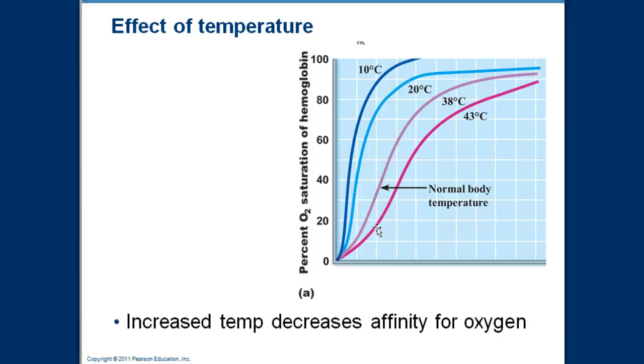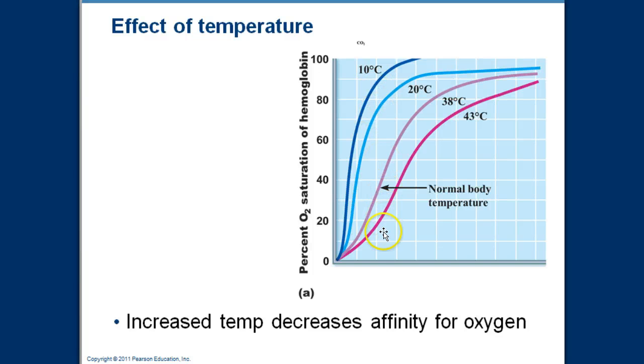So as hemoglobin enters a tissue at 43 degrees, it's going to unload that much oxygen. And if the hemoglobin is running through a tissue at, say, 20 degrees, it releases just that much oxygen.